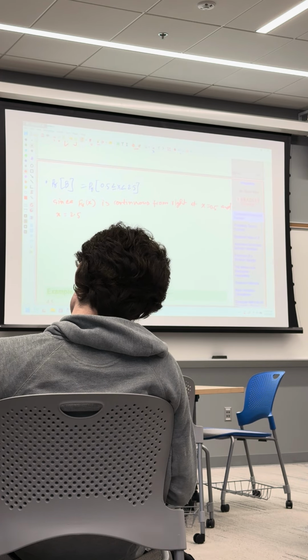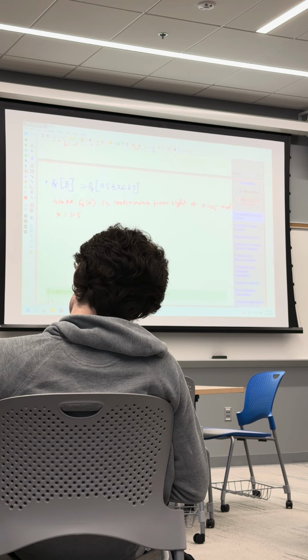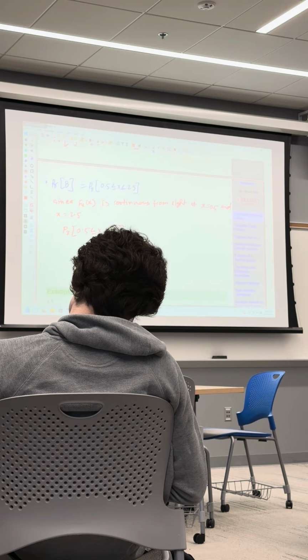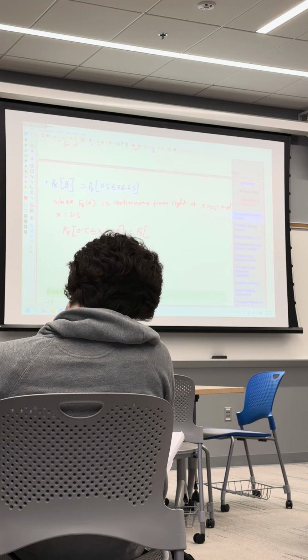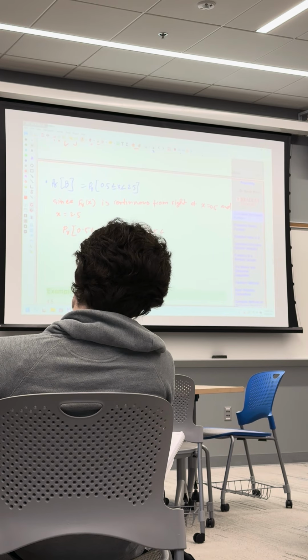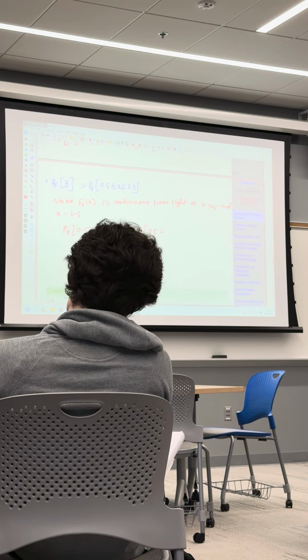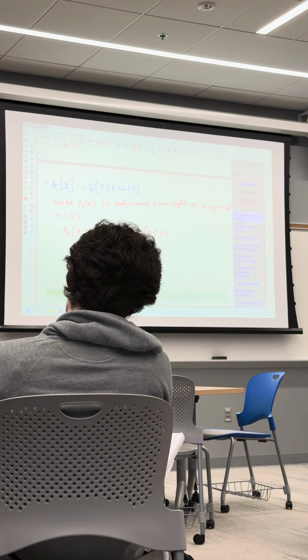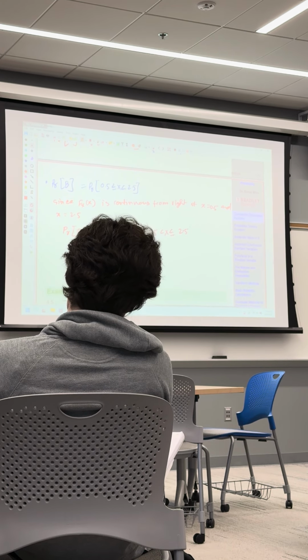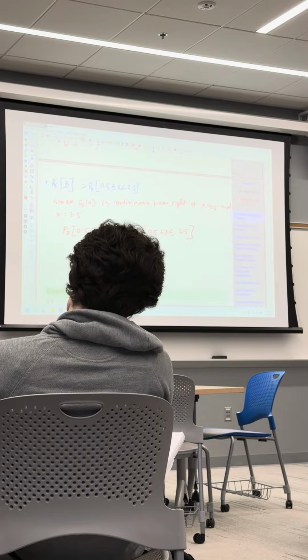So you can simply write that the probability that 0.5 is less than or equal to X less than 2.5 is exactly the same as the probability that 0.5 is less than X less than or equal to 2.5. You can put strictly less than at 0.5 because it's continuous around 0.5, and you can put less than or equal to at 2.5 because of the continuity property.